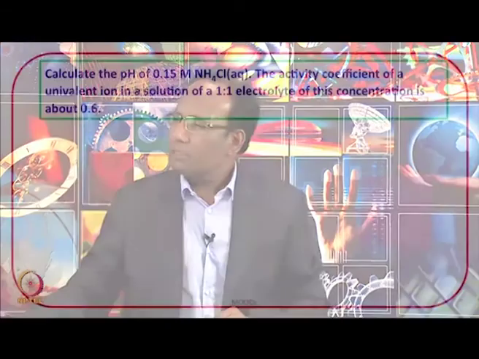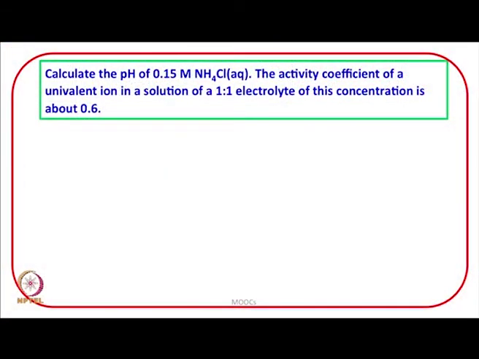Now let us discuss another question on the pH. The question is, calculate the pH of 0.15 molar ammonium chloride aqueous.